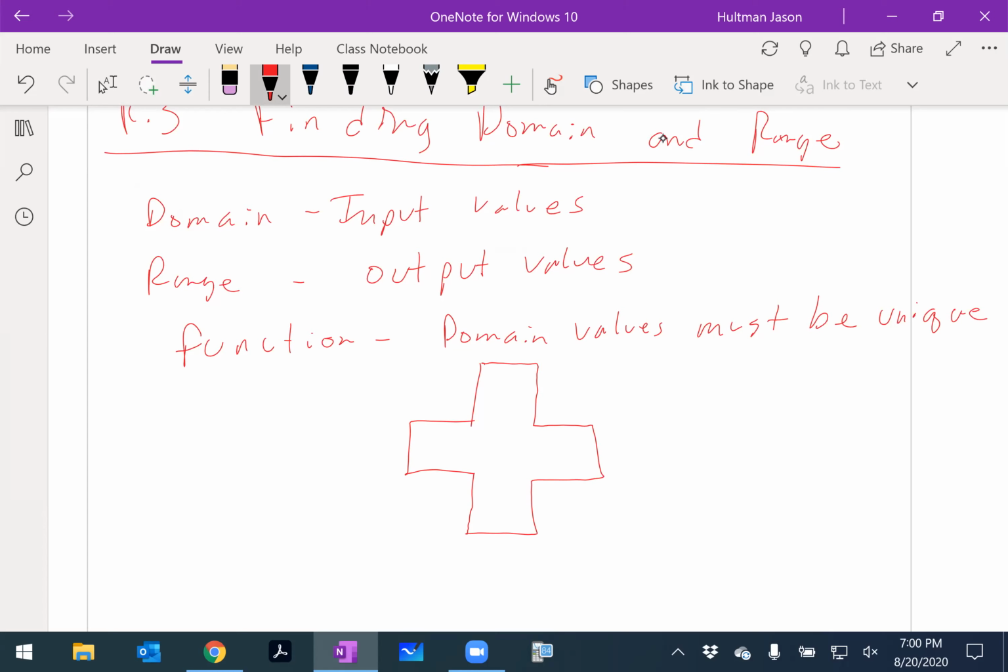So here's the burners, right? The fire. Here's the little conveyor belt for my pizza. And so the uncooked pizza, that's my domain. The warm and gooey, cheesy goodness that comes out of that pizza oven, that is the range.